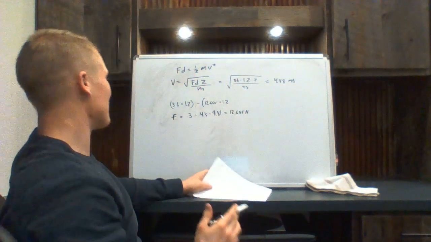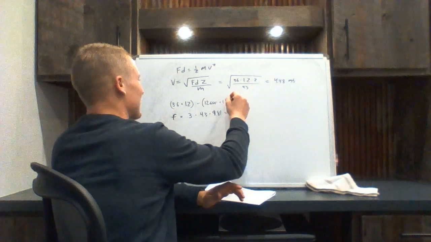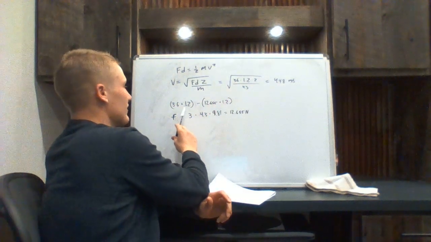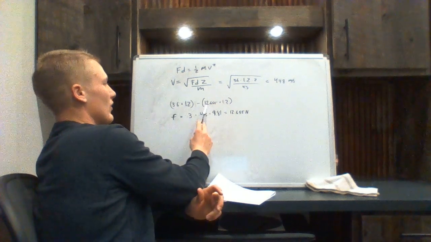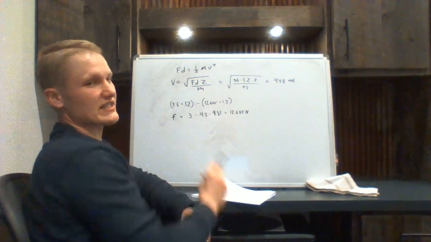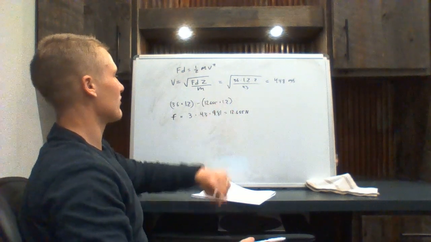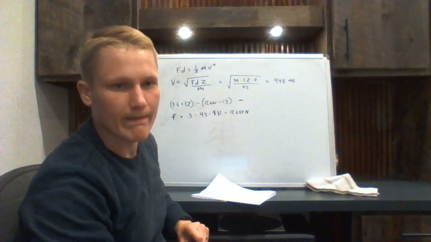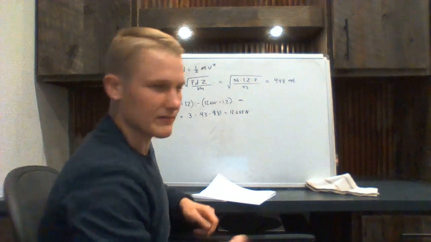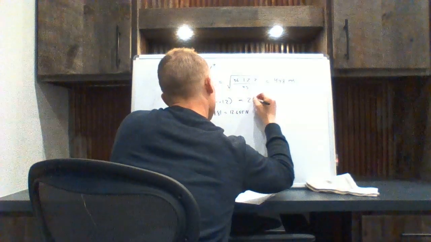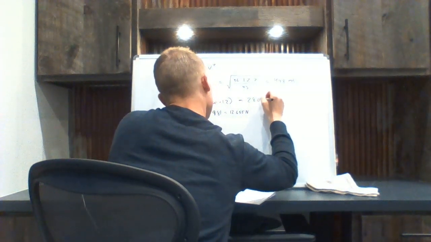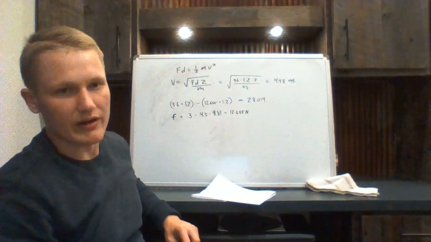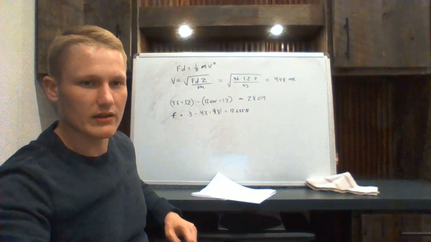Mixing up all my numbers here. So we have 36 newtons times the 1.2. Subtract your force of friction, 12.655, times 1.2, which then comes out to 28.014.